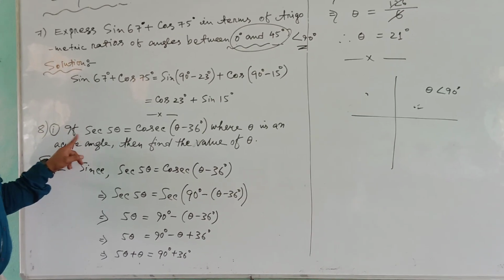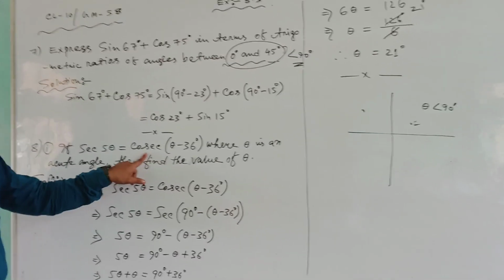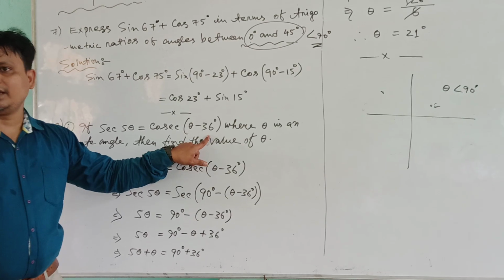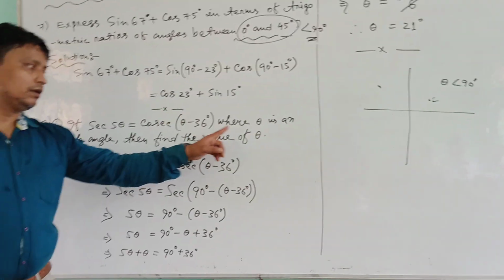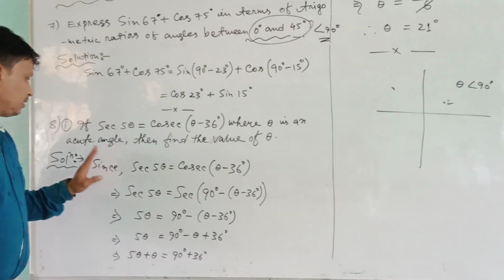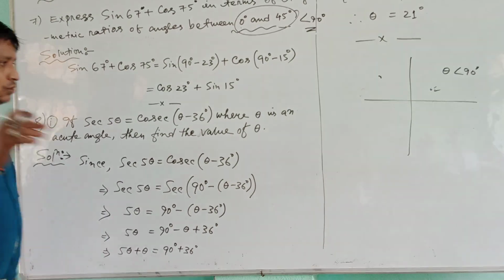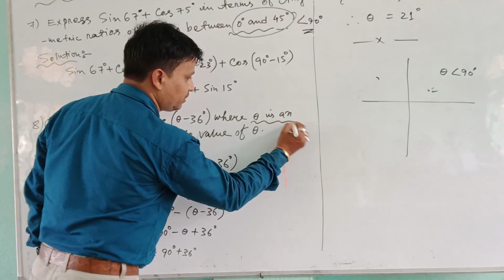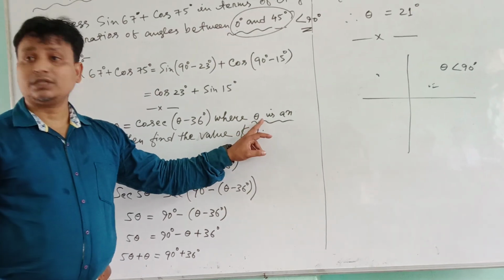If sec 5 theta, it is one angle, 5 theta, is equal to cosec of theta minus 36 degree, it is one angle, where theta is an acute angle, then find the value of theta. So one thing you see, why are these things given?